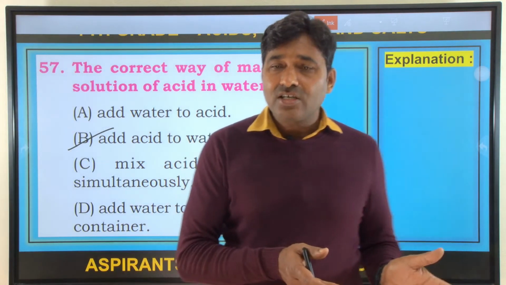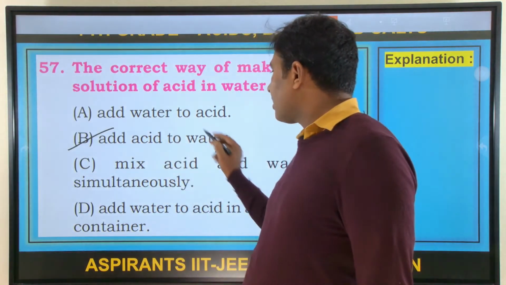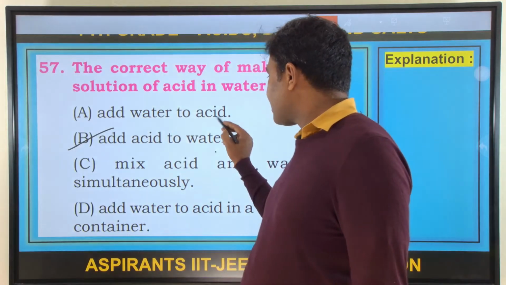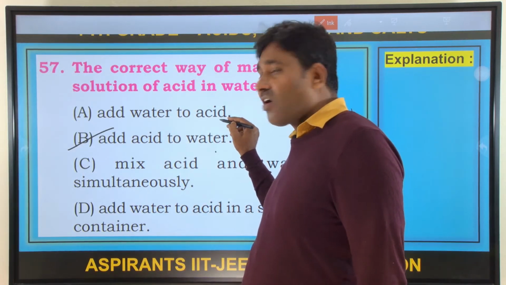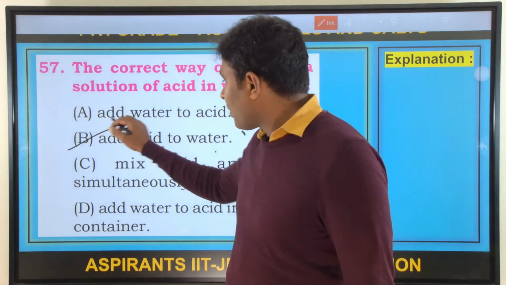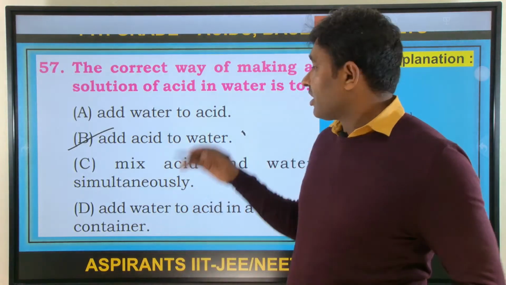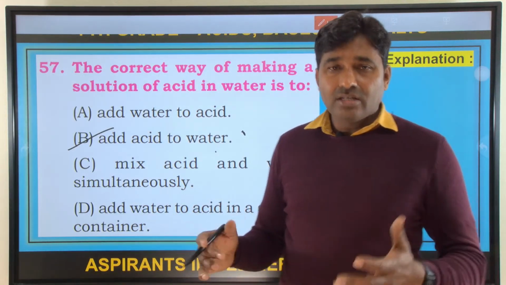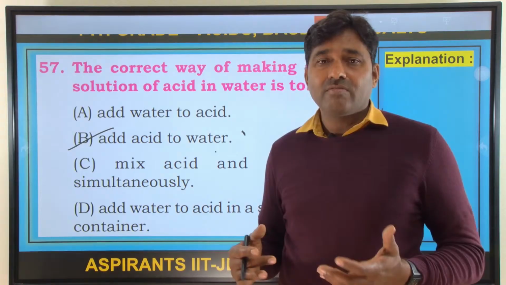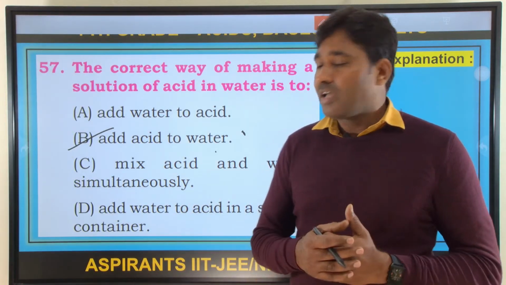To avoid that, we always add acid to water but not water to acid. Why? Because acid is highly concentrated. When we add water to it, within a fraction of a second a reaction occurs, and vapor is liberated with a high amount of energy. Therefore there is a chance of explosion.